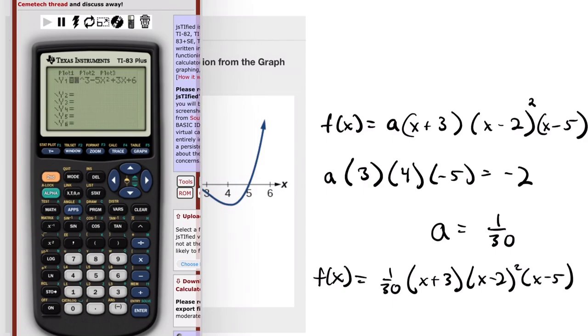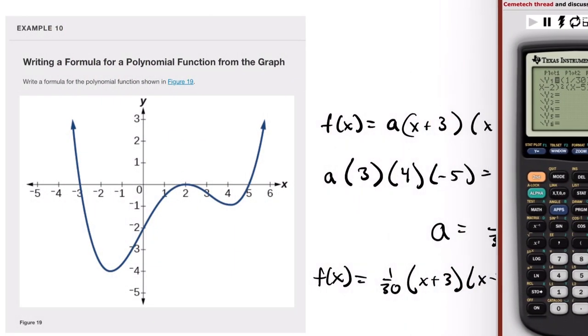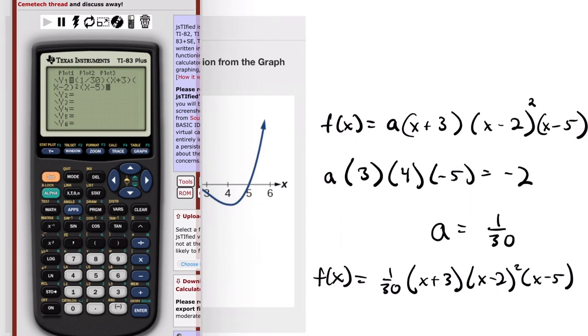So I'm going to go to my y equals, and I'm going to put parentheses 1/30. And then we got an x plus 3 times x minus 2, oh, that's x minus 2 squared times x minus 5. Okay. And I guess we can just do a standard window.